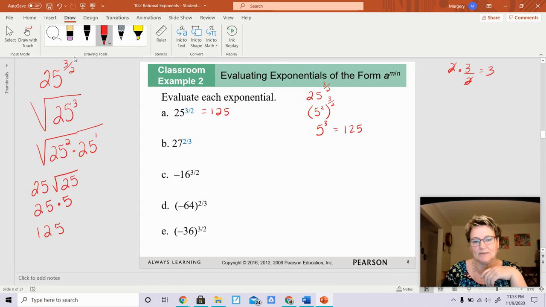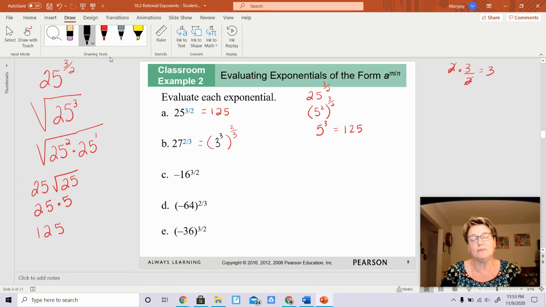I wouldn't waste my time making square roots, cube roots, whatever it happens to be. It's just time consuming. So now on this problem, I'm going to have something to the 2/3 power. I need to rewrite 27. I know that 3 cubed is 27. That is totally 27 to the 2/3.